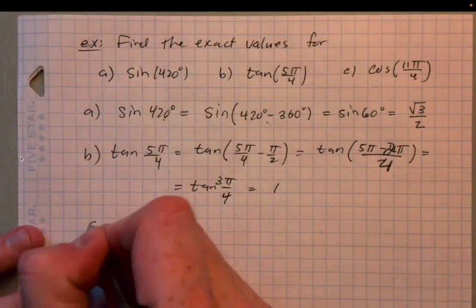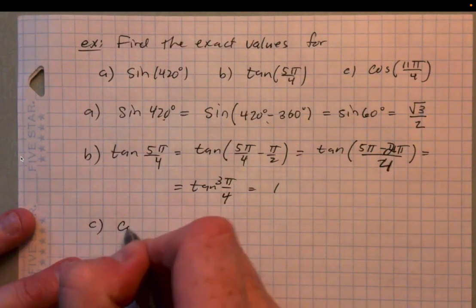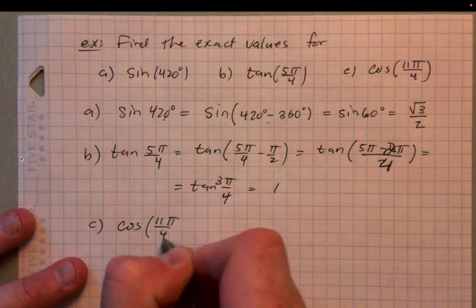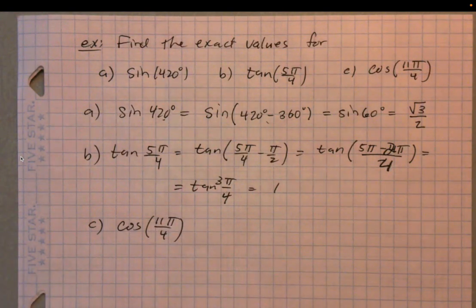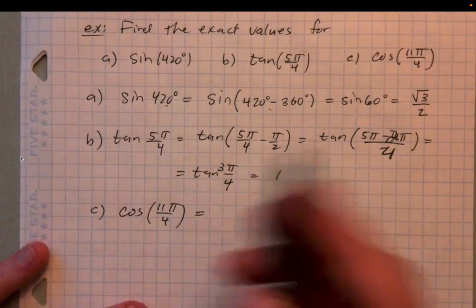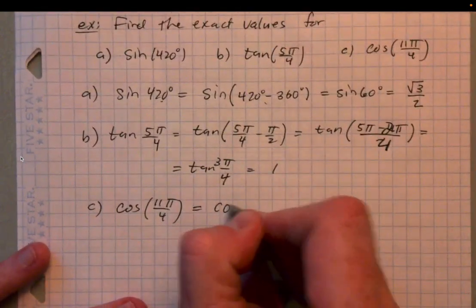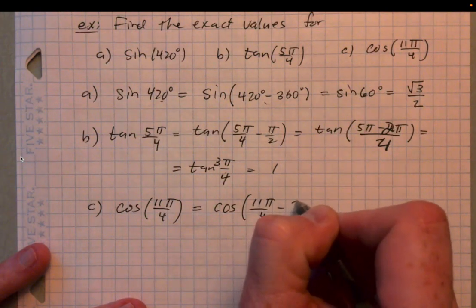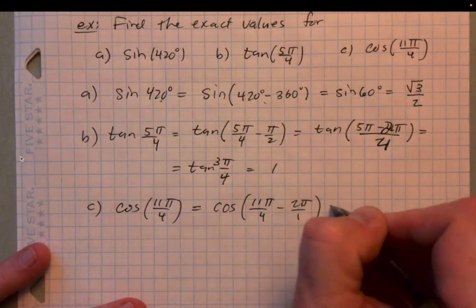And then part C, if we're looking for the cosine of 11 pi over 4, well, I have no idea what that is. So let's try to shrink that angle down. Let's subtract 2 pi from it, because cosine is periodic with period 2 pi, right? So I can subtract 2 pi without changing the value. So 11 pi over 4 minus 2 pi over 1.